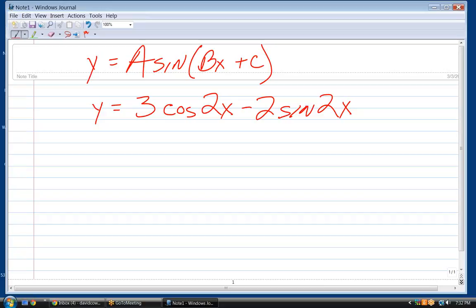And we can express sine of 2x as sine and cosine. Gosh, how are we going to do this? Well, let's start by seeing if we can turn the cosine of 2x into nothing but sine. See what happens.